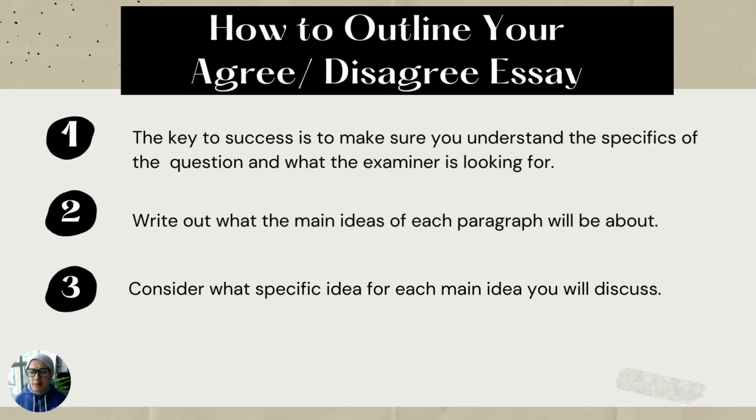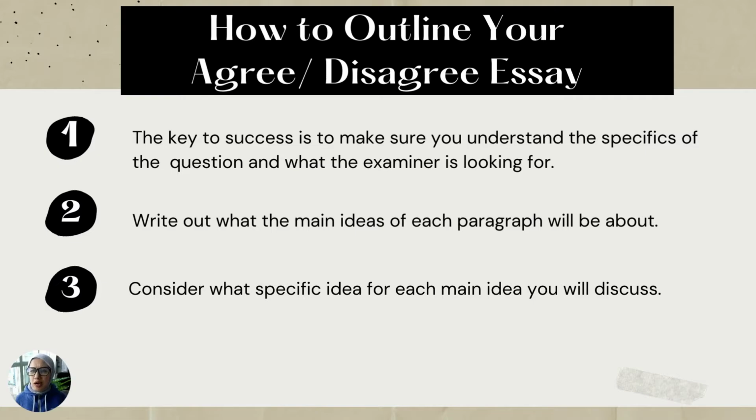I highly recommend this step because it will save you a lot of time, and you can also get all your points out clearly, making sure that you answer every single thing the examiner is looking for that has been asked for you to answer in the question.